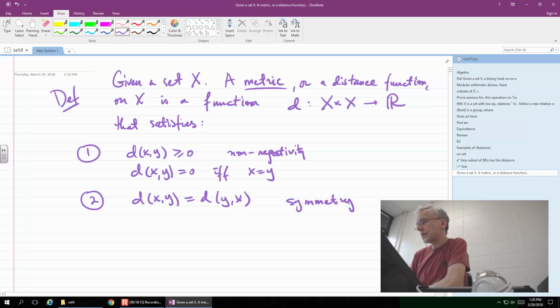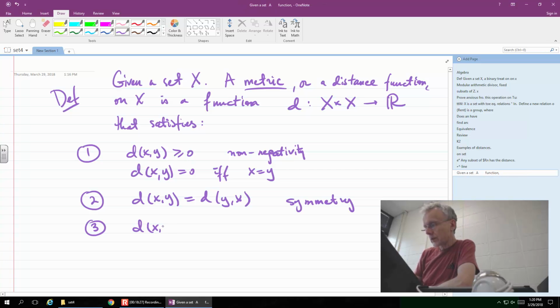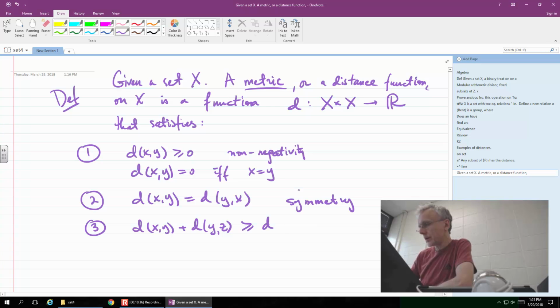A property that we've seen like three times, in group theory, similar to commutativity, and also in equivalence relations as well. And finally, the triangle inequality: d(x,y) plus d(y,z) larger than or equal to d(x,z).